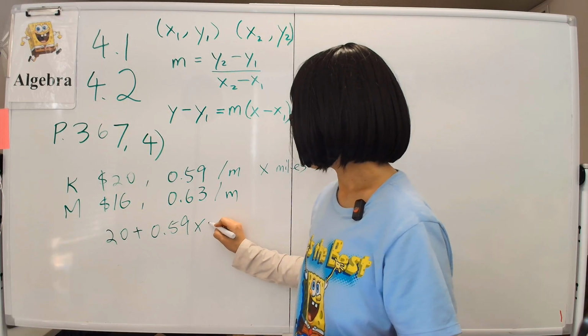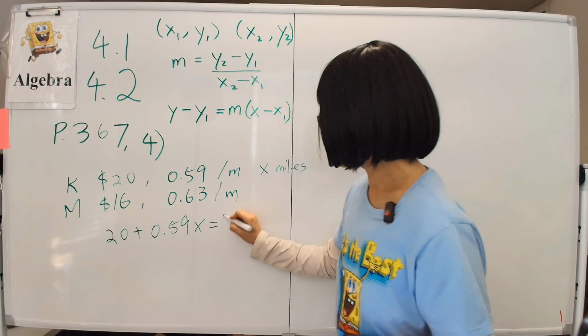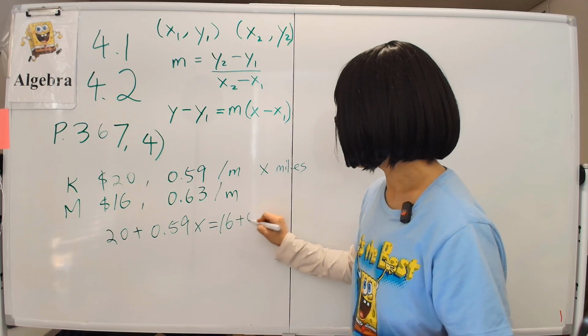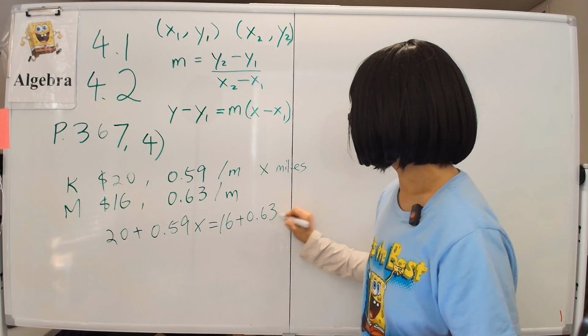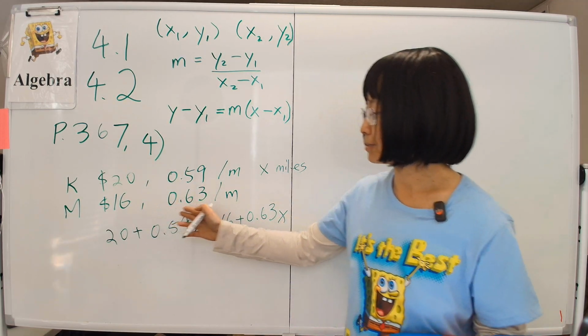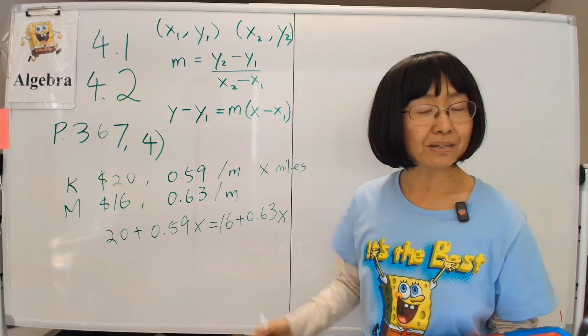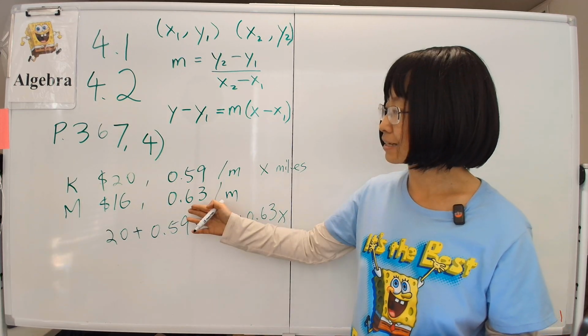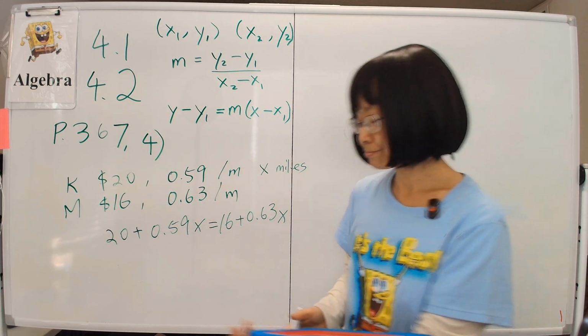And the second company is $16 plus 0.63x. Now, when these two are equal is when the second company catches up with the first company, and after that, the second company is going to cost more.